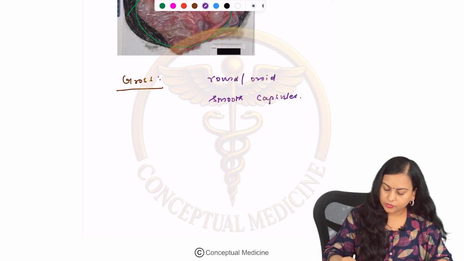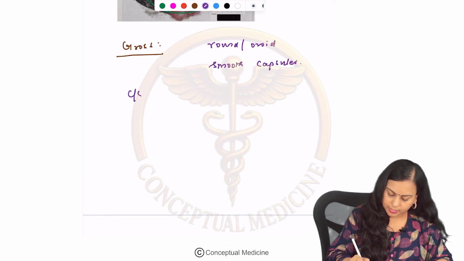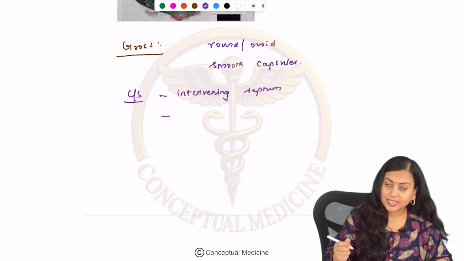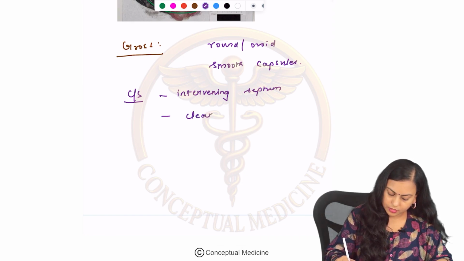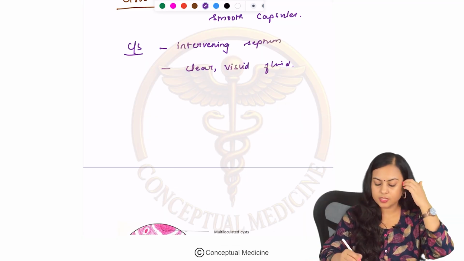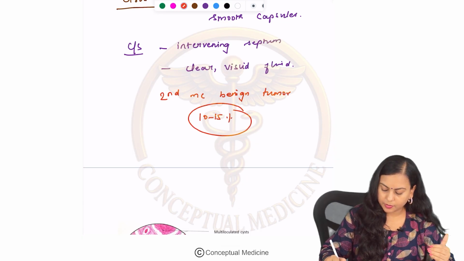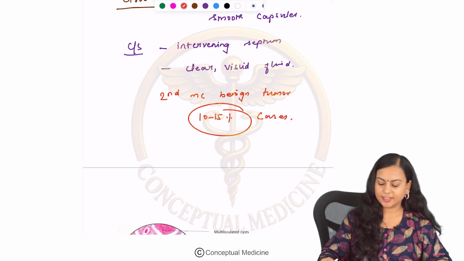On cut section, you are able to see numerous intervening septa, and they contain clear viscid fluid as well. Okay, and remember, this is the second most common benign tumor, which is going to be bilateral in 10 to 15% of the cases, right?